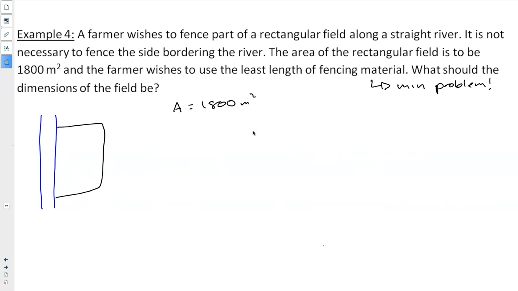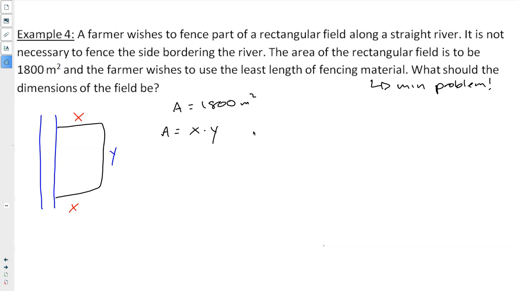Okay, so we know our area, so let's work off of that. Area of a rectangle is going to be length times the width, or width times height, however you want to call it. So the area here will be x times y, right? Length times width.